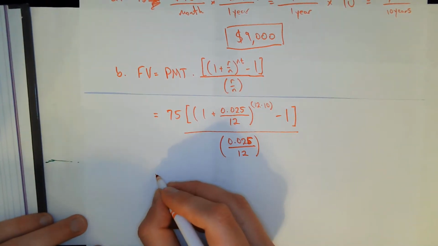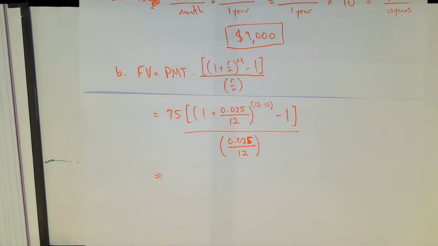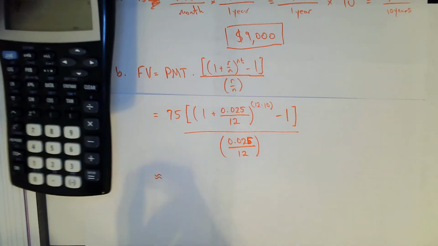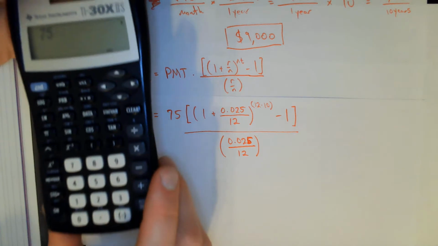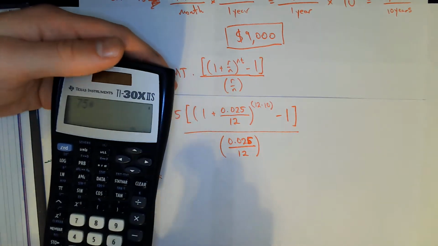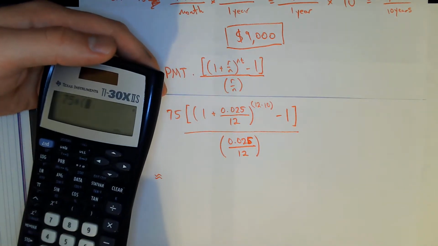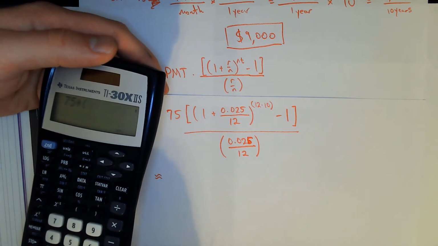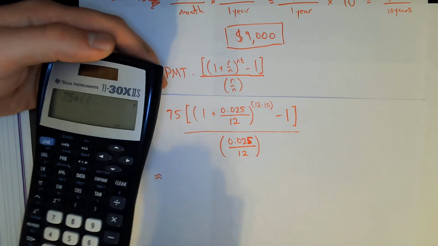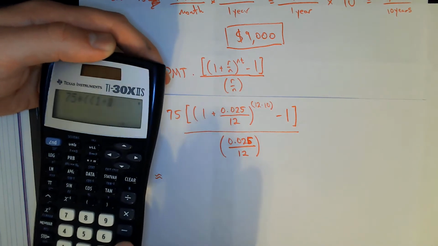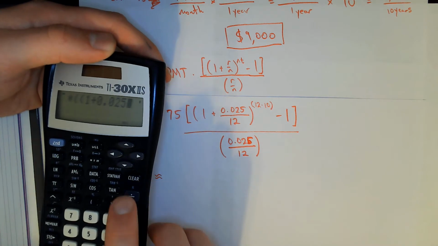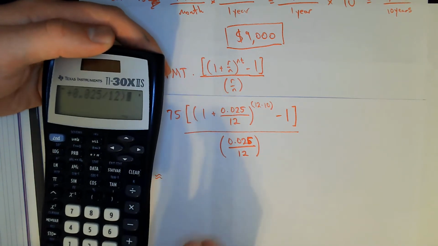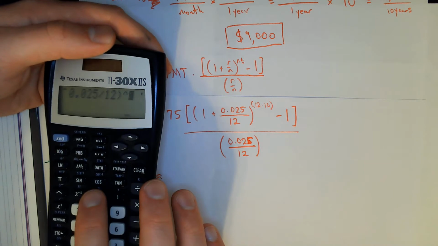This is going to be approximately, and let's see what we get here. Can I do this all at once? Yes. I'm going to do 75 times, and then parentheses, another set of parentheses, so now 1 plus 0.025 divided by 12, close the first set of parentheses, raise my exponent.